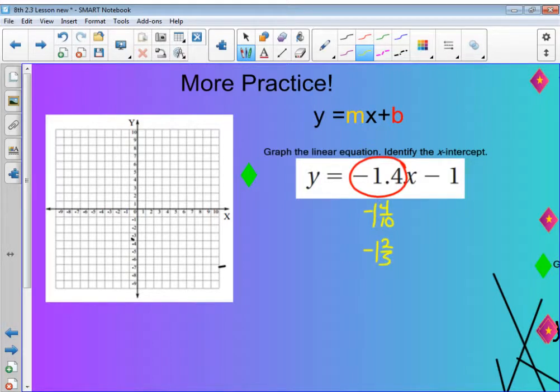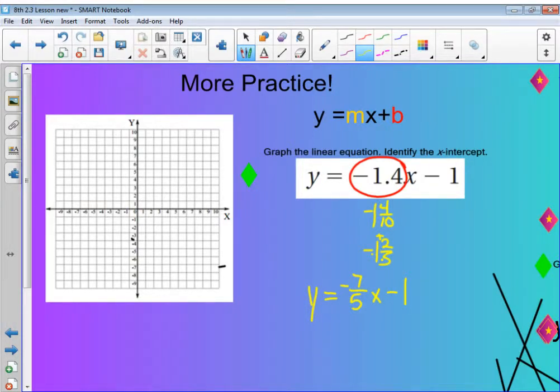Now I'm going to have to actually change that to its improper fraction. So remember how to do that: 5 times 1 is 5, plus 2 is 7. So now I have y equals -7/5 x minus 1.